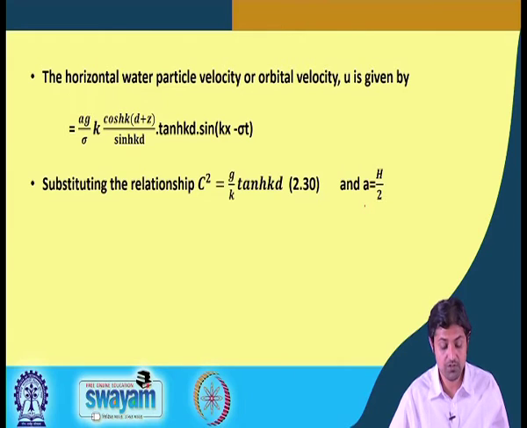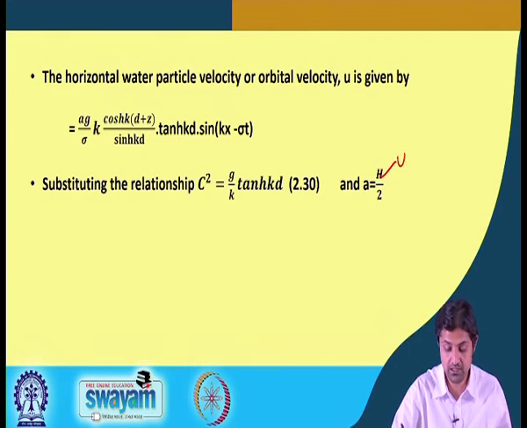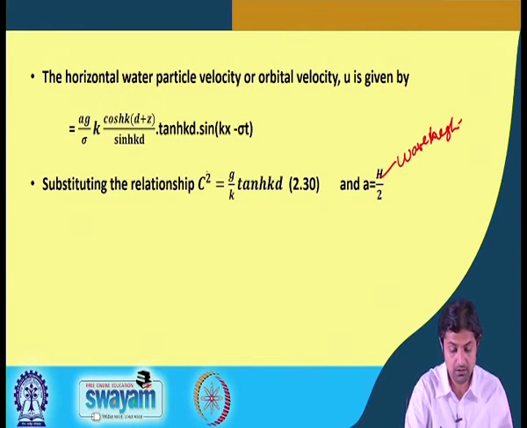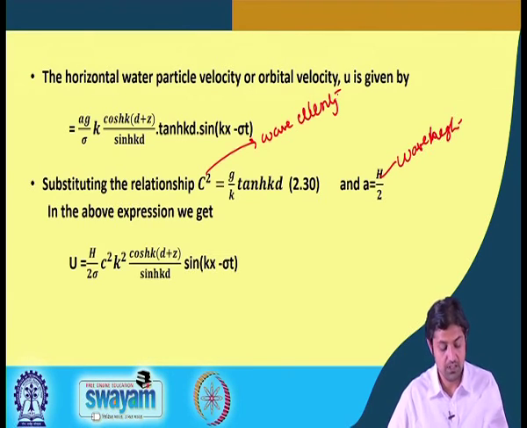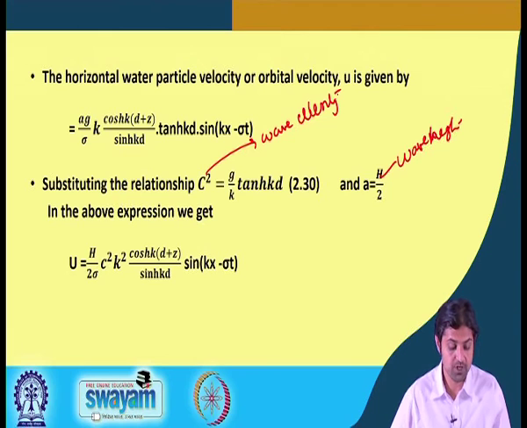So if we substitute the relationship, c square is equal to g by k tanh kd, and small a as H by 2 because this is wave height, and c is wave celerity, we get u is equal to H by 2 sigma c square k square divided by cosh k(d plus z) by sinh kd into sin(kx minus sigma t).